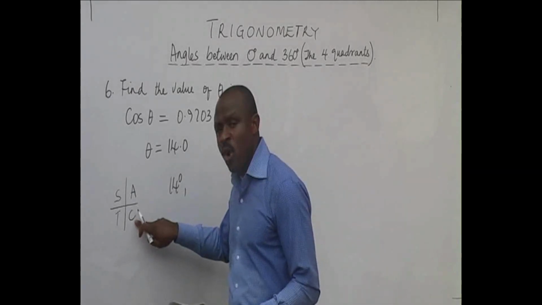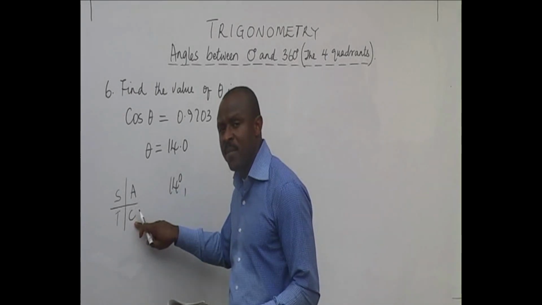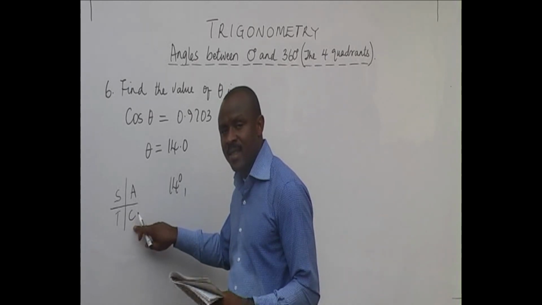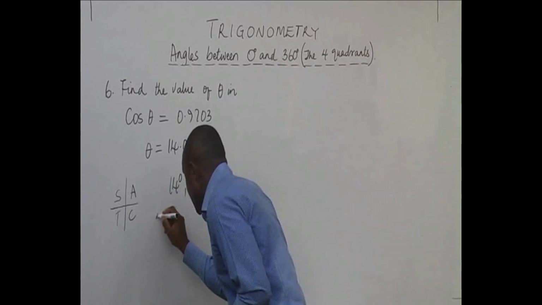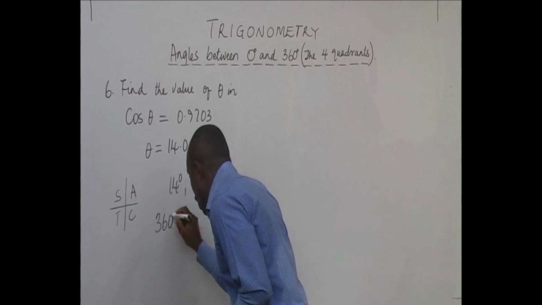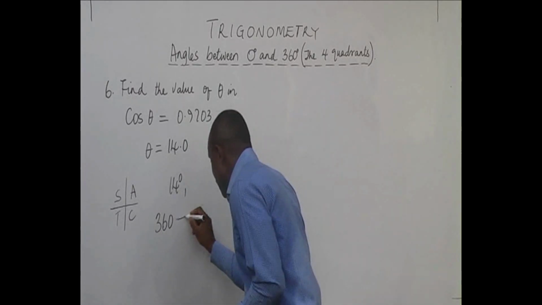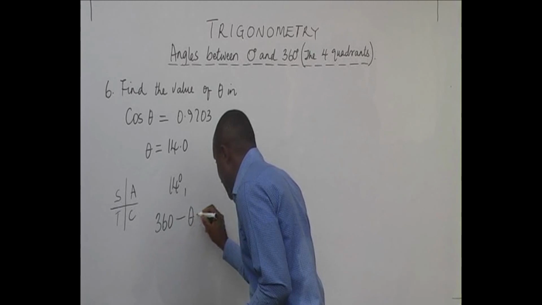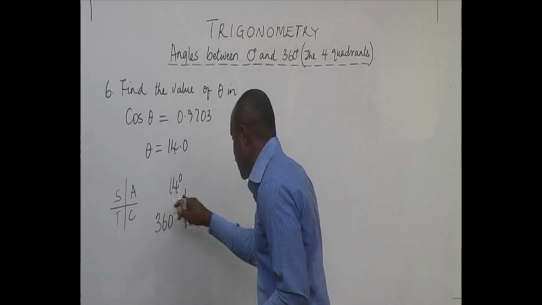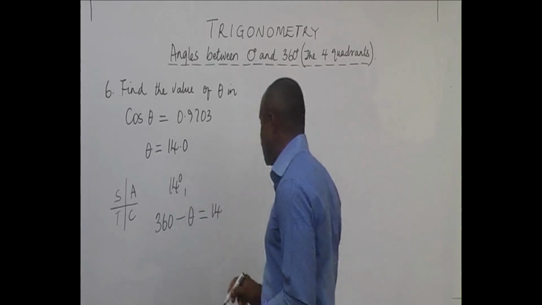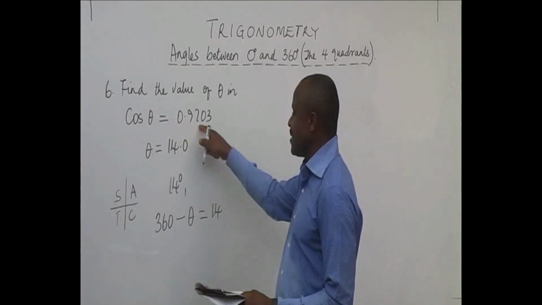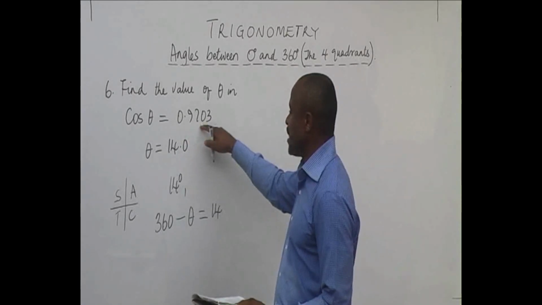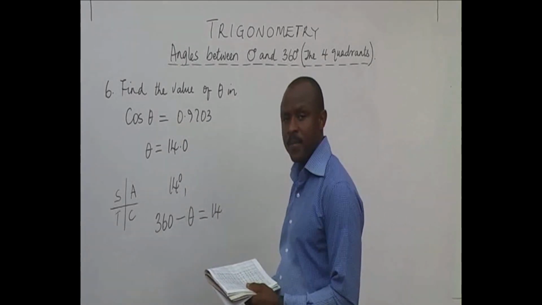Now, what is the law applicable in the fourth quadrant? The law applicable in the fourth quadrant is 360 minus theta. So equate 360 minus theta to 14, which is the figure you got from the four-figure table connected to 0.9703.